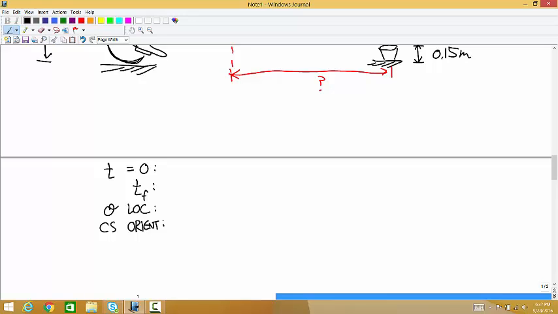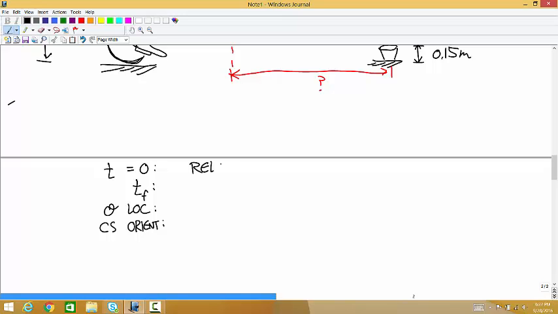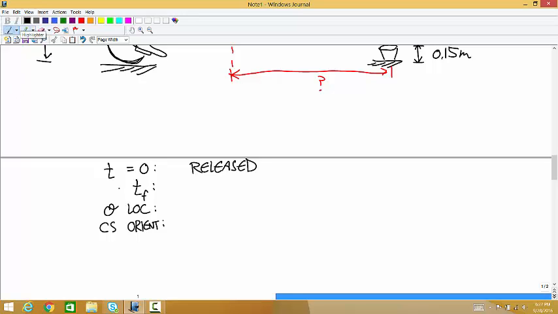The second he lets it go. Yep, so the instant it's released. And what do you want to choose as time final? We're going to say time final is the instant that the ball gets to a height of 0.15 meters.